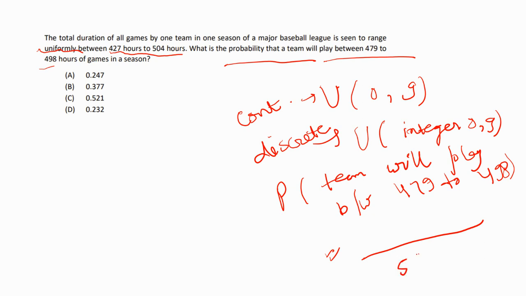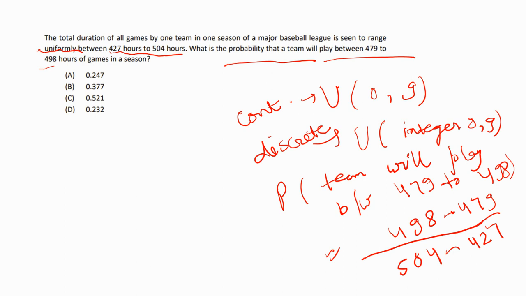Okay, so it will be 504 minus 427, and in the above we have 498 minus 479. Let's say you have this much of range and you want to find the probability of using this range. So it will be this small range divided by the total range. So 498 minus 479, you can find it, and you can solve it.